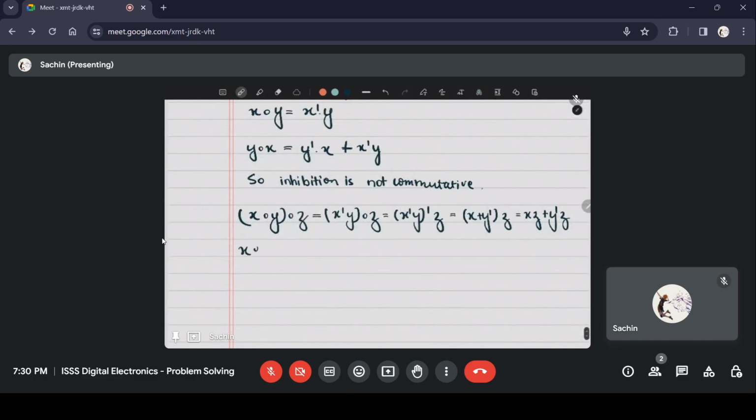Now if you do the operation in another order, by doing the operation first on y and z and then with x, this will become x circle (y prime z), which will be nothing but x prime y prime z, which is not equal to (x prime y) whole prime z.